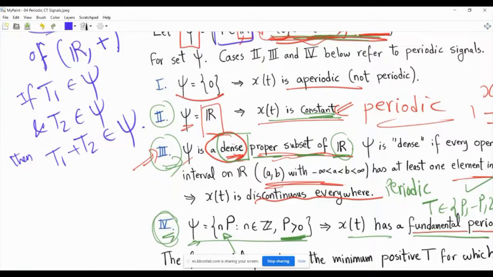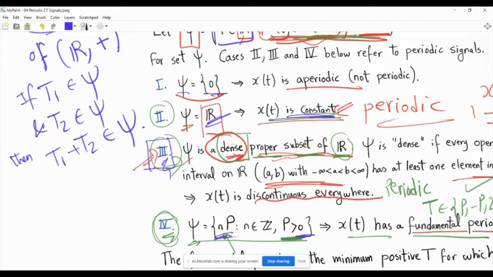Psi can be the trivial subgroup containing only the identity element of addition. It can be the full set of real numbers, and this is for the periodic constant signals. It can be the multiples of some positive number, so these are the periodic signals with a fundamental period.